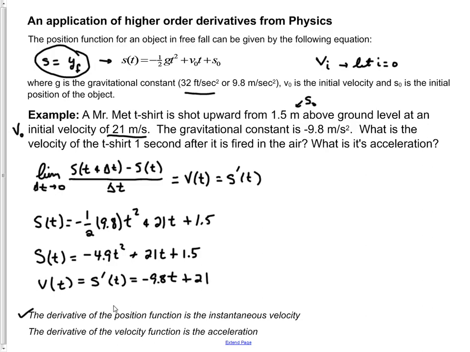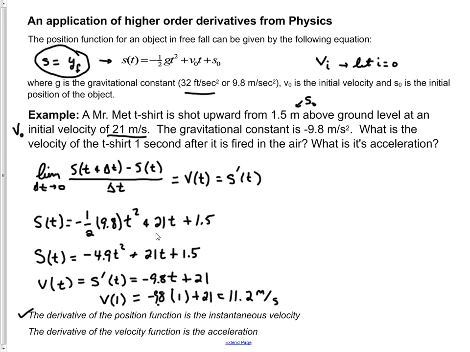So if we were interested in finding the velocity at time t equals exactly 1 second, it will be negative 9.8 times 1 plus 21. And that works out to be 11.2 meters per second.